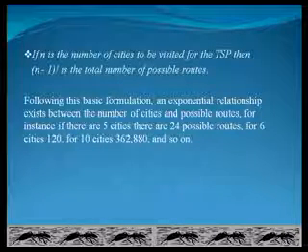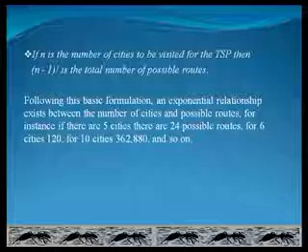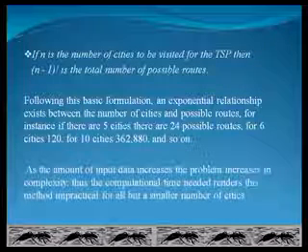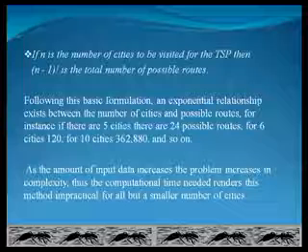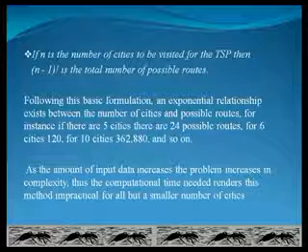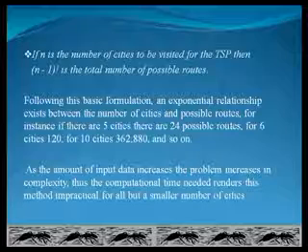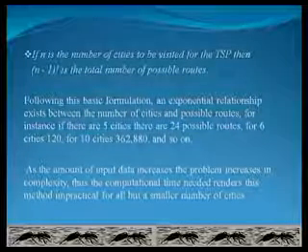For instance, if there are 5 cities, there are 24 possible routes. For 6 cities, 120, and so on. As the amount of input data increases, the problem increases in complexity. Thus, the computational time needed renders this method impractical for all but a smaller number of cities.